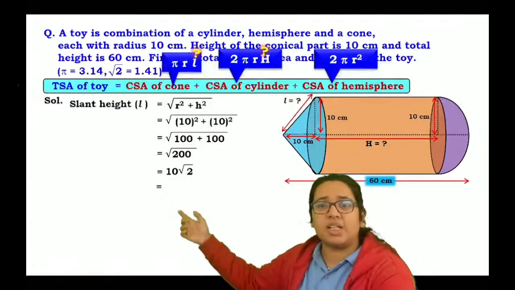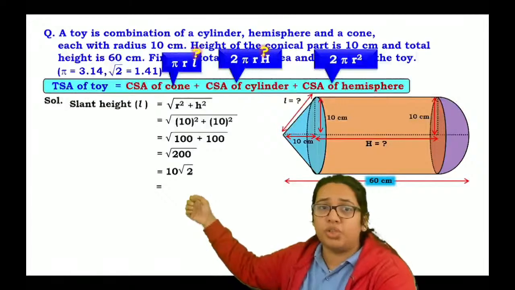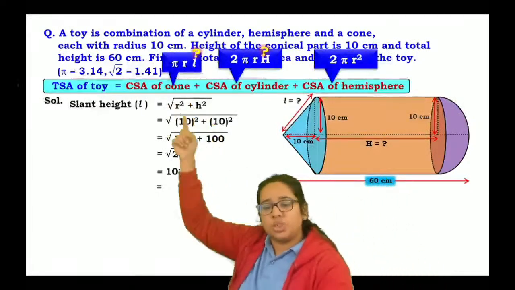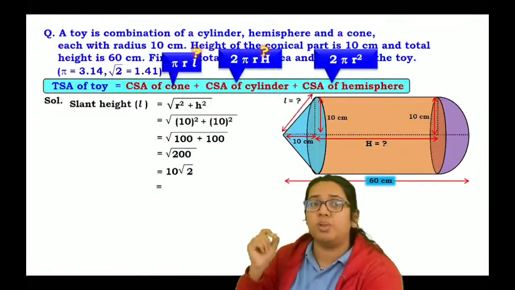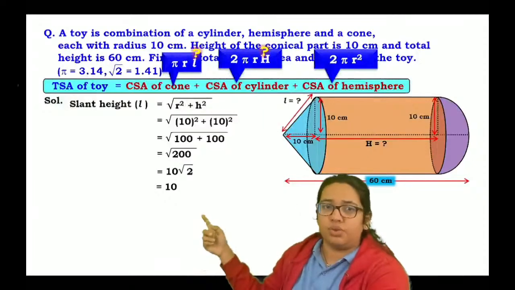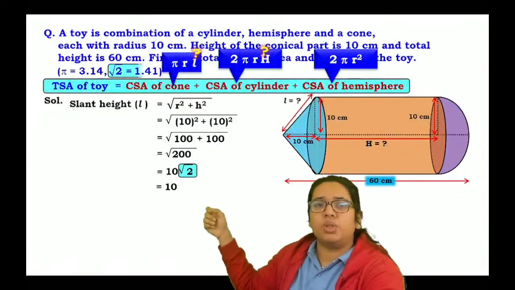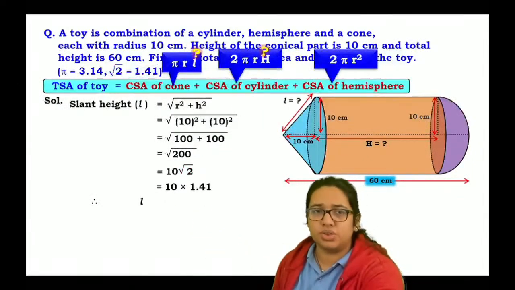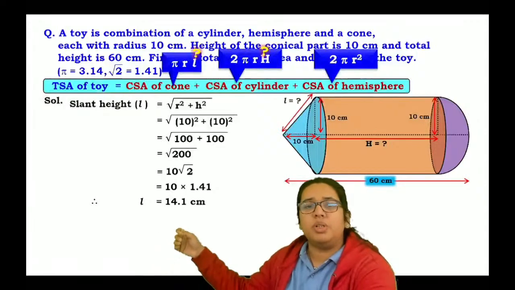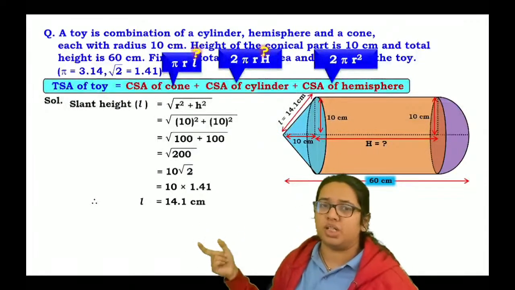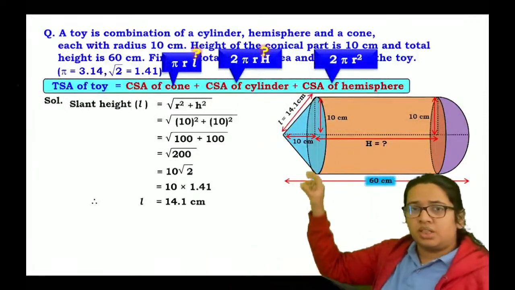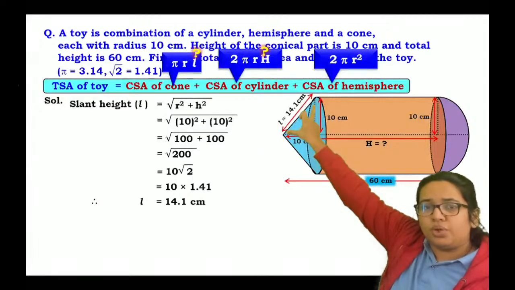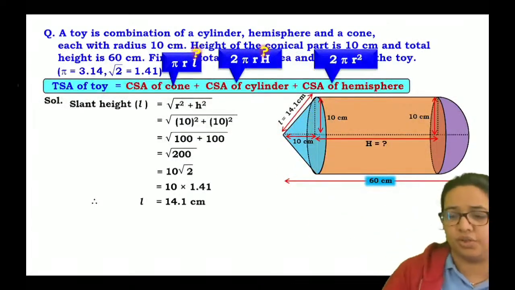So we can say that the slant height will be 10 root 2. But in the given question they have provided the value of root 2, so we have to use it here. 10 into 1.41, so l will be 14.1 centimeter. Done up to this. Now you have the value of the slant height for the conical part.